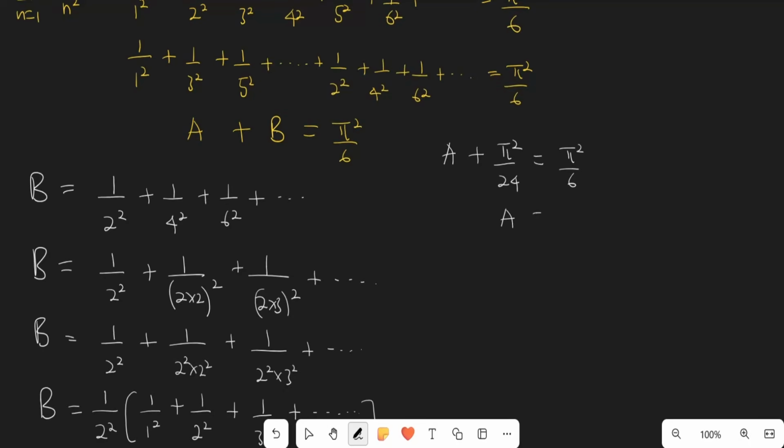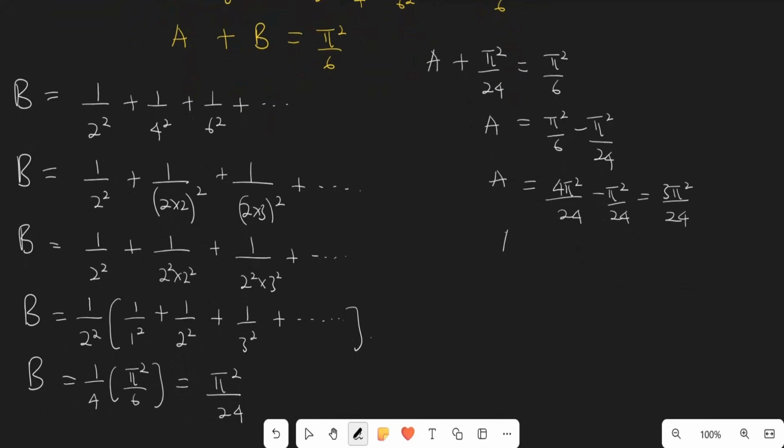So A is going to be equal to pi squared over 6 minus pi squared over 24. And therefore A is going to be equal to, we can multiply by 4 on top here, 4 pi squared all over 4 times 6 is 24 minus pi squared over 24, and that is equal to 3 pi squared over 24. Therefore A sums to 3 pi squared over 24.